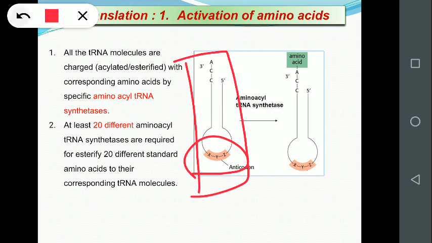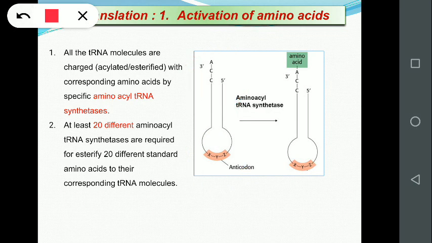Based on the anticodon, a specific amino acid must be attached to this A, the 3' hydroxy group of the ribose sugar of A. So an amino acid will be attached here.